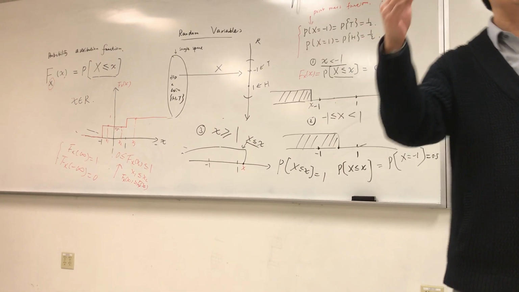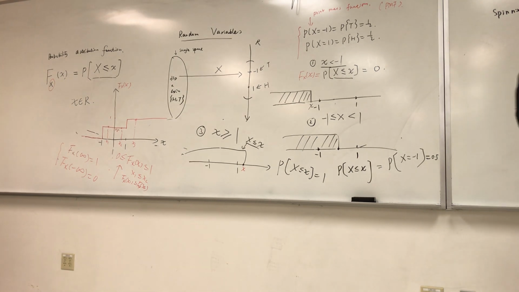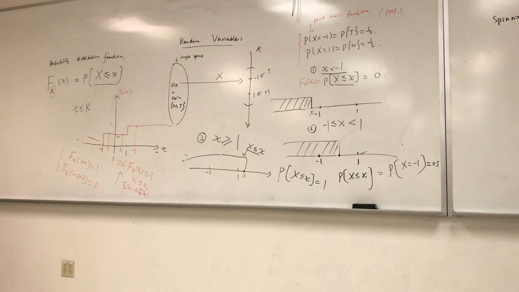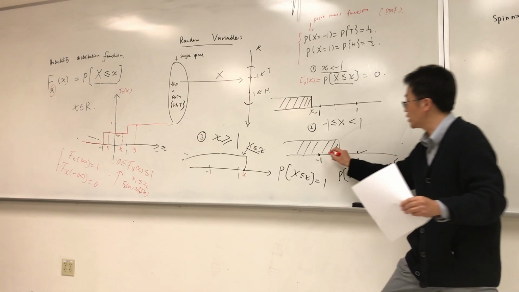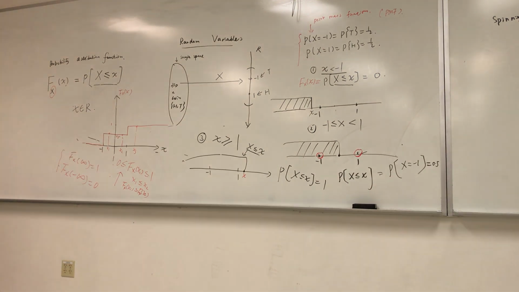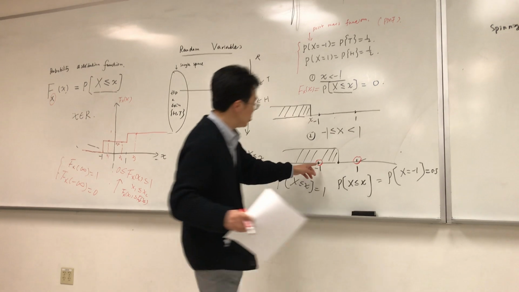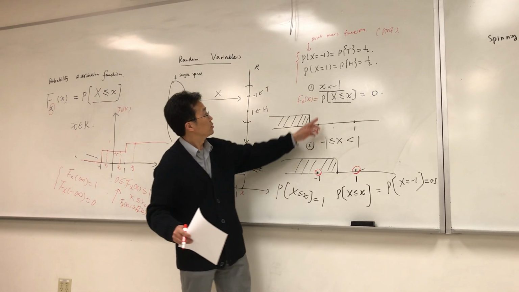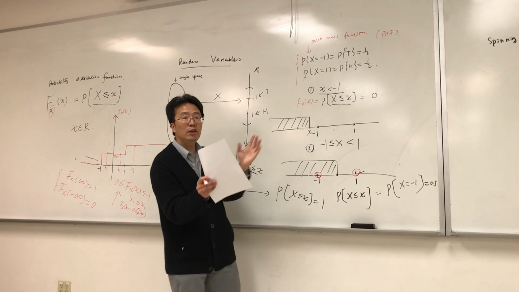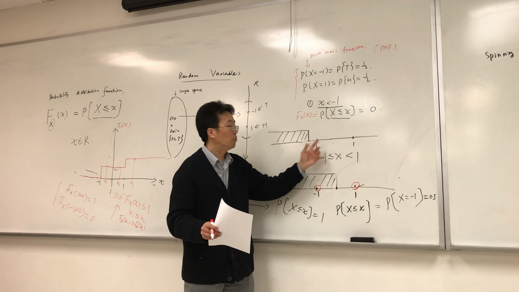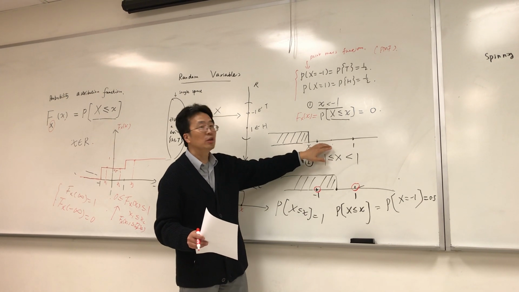So the reason why we have to divide the values of realization into three different cases is we take into account the locations of these two special points. In other words, when the realization is on the left side of -1, this is the first case, right? When the realization is between these two points, -1 and 1, case number 2.